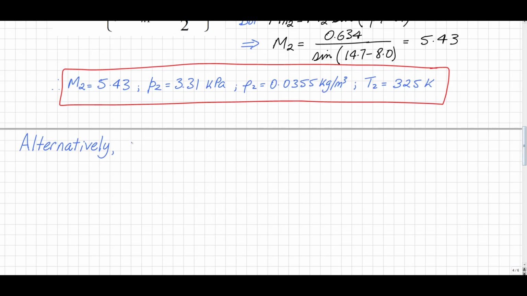And the alternative is to use a compressible flow calculator. So we'll use that for shock S1.